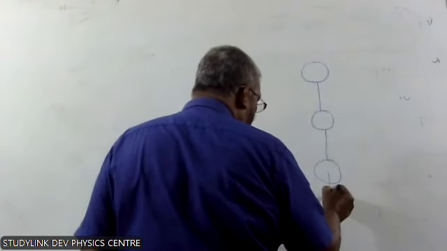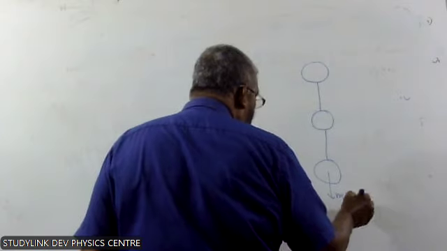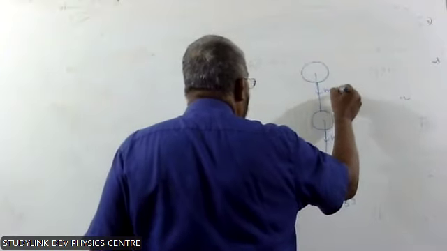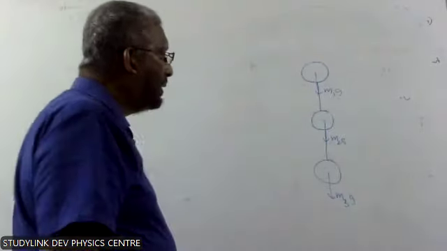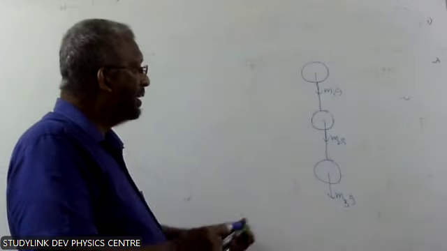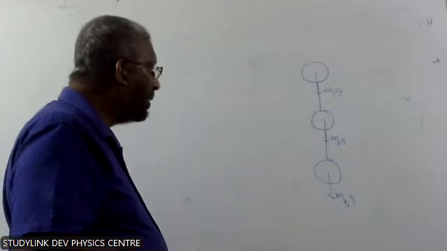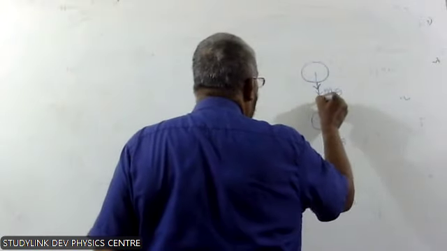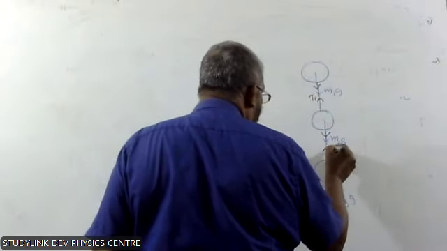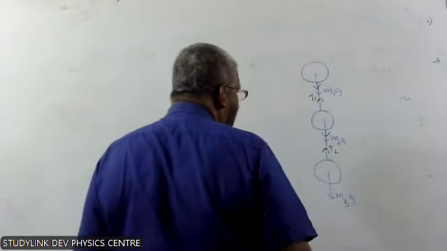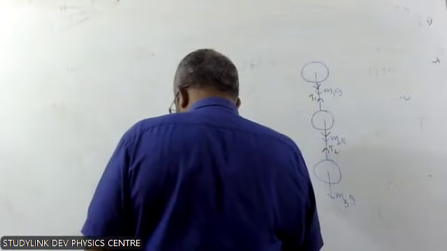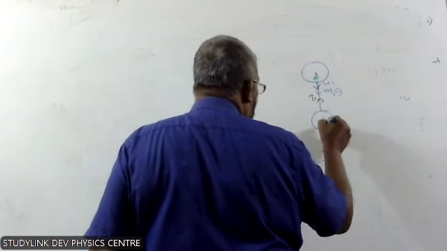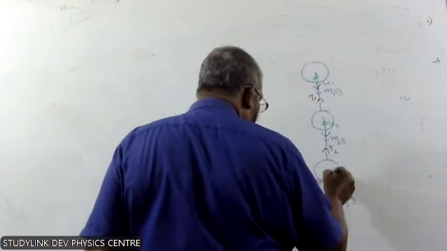So this may have M1G, M2G, M3G. Sometimes they might say both shells are of negligible mass. Then you don't get this. Now we have to consider tensions. Here T1, here T2. Then upthrust. Here you get upthrust as U1, here U2, here U3.